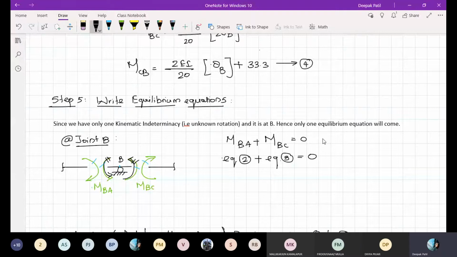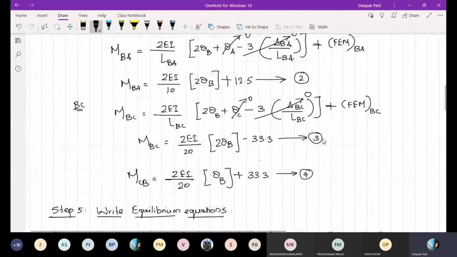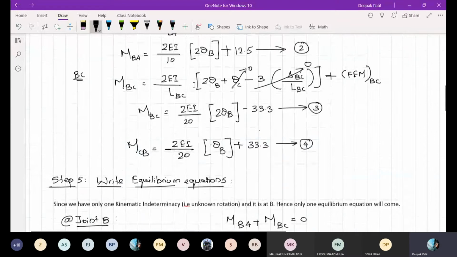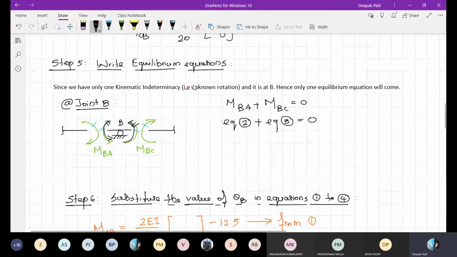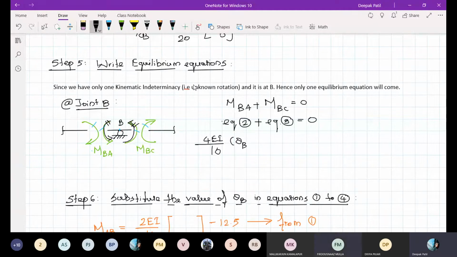So MBA is, I will write directly now, 2 into 2, 4EI over 10 times theta B. Did you get how I wrote this? I multiplied that 2. Plus 12.5.